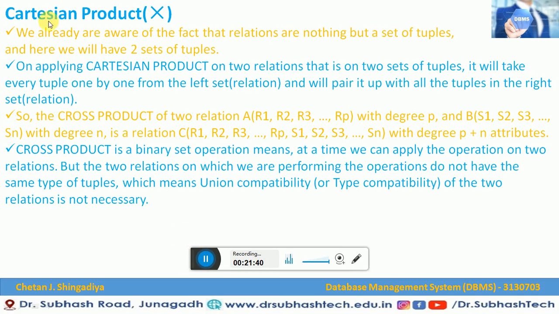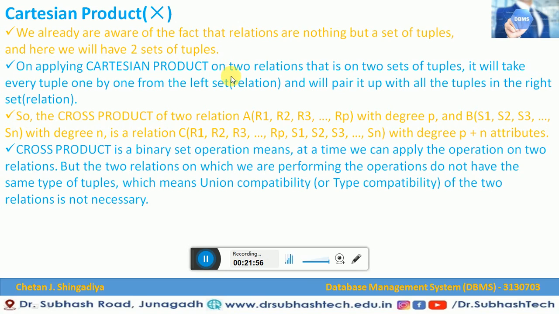Now let us understand the next operation, that is Cartesian product, denoted by the cross product symbol. We already are aware that relations are nothing but a set of tuples, and here we will have two sets of tuples.